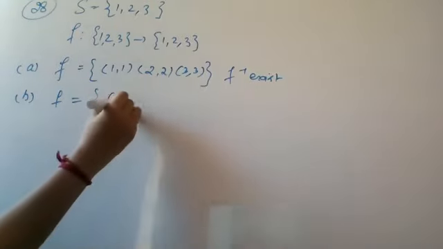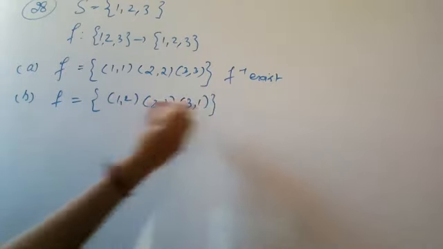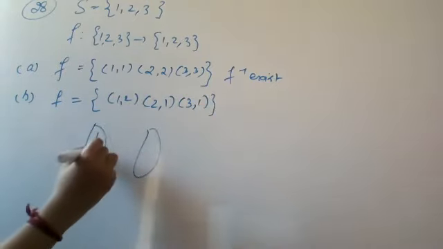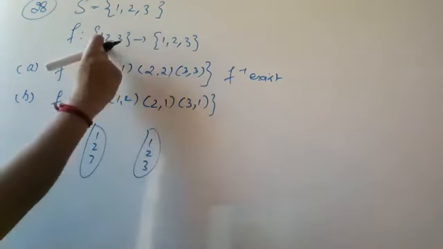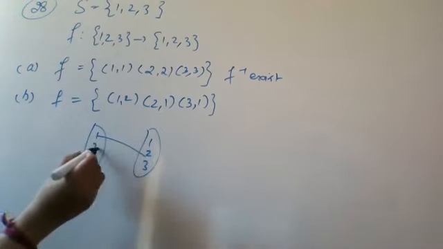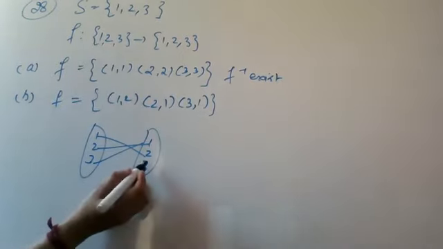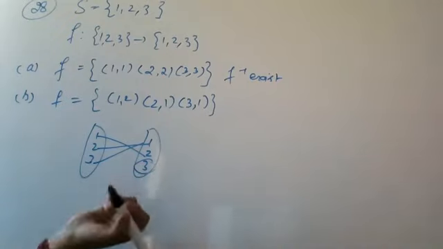It is 1, 2, 2, 1 and 3, 1. Now when I mark, it is 1, 2, 3, 1, 2, 3 because the set is from S to S. 1 is taken to 2, 2 is taken to 1, 3 is also taken to 1. Is it 1, 1? It is neither 1, 1 nor on 2. एक तो ये element use नहीं हुआ है, that means on 2 नहीं है.